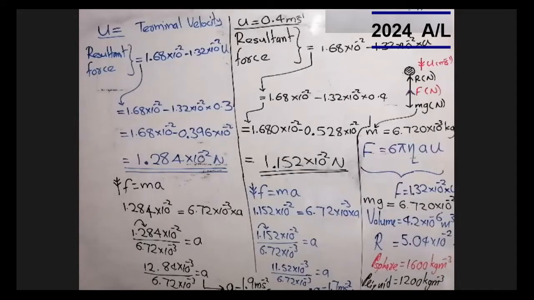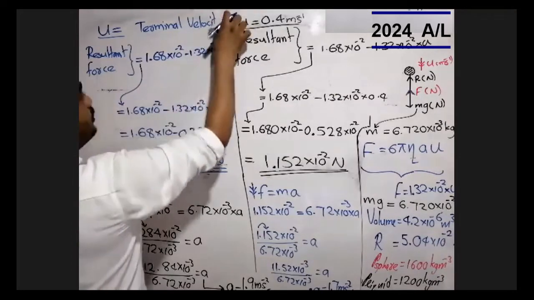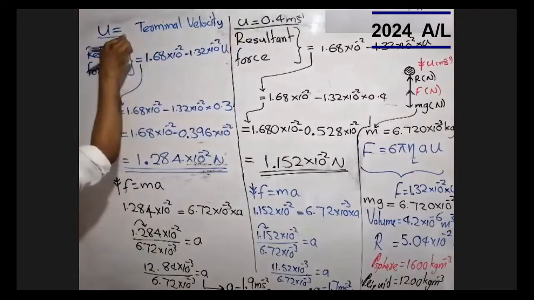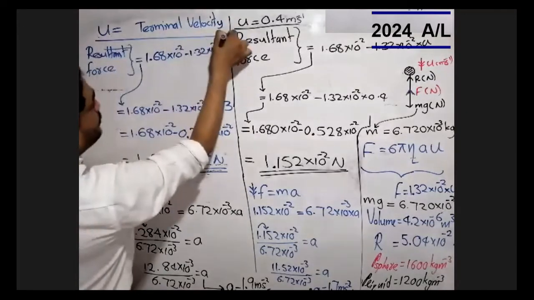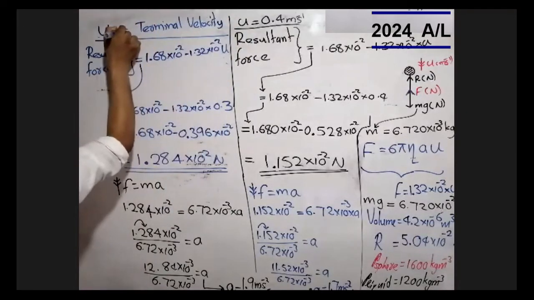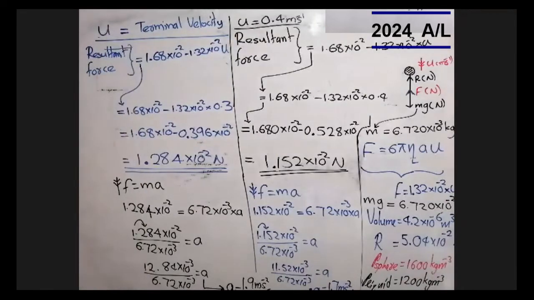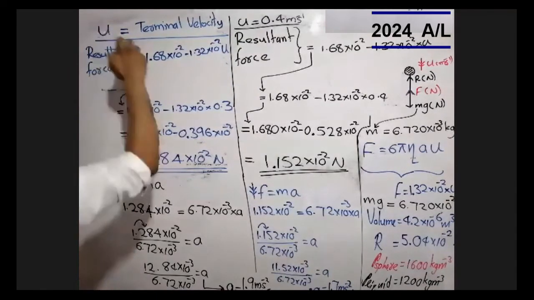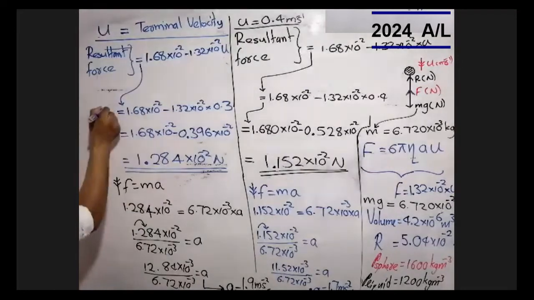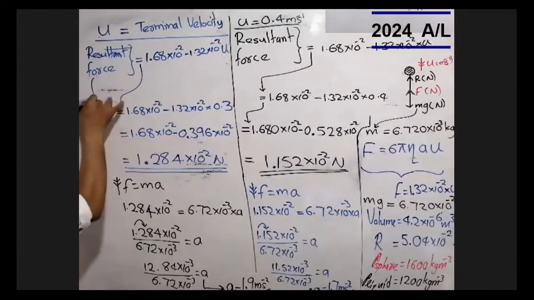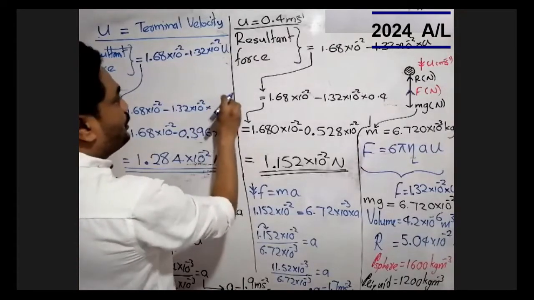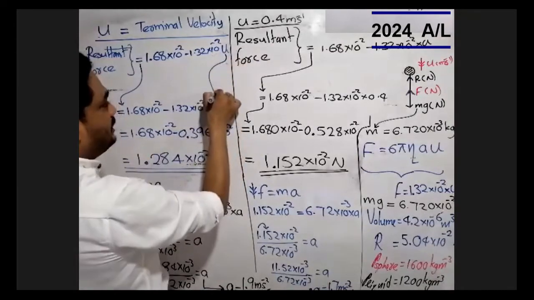Look at both these. So now I'm going to consider the terminal velocity. So U equals terminal velocity. At the terminal velocity, the resultant force is 0. Now we are going to find this velocity.